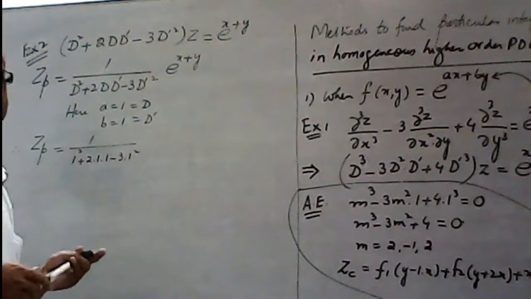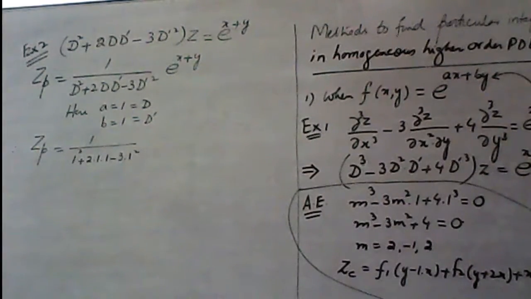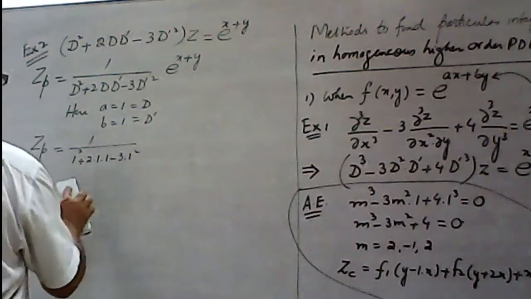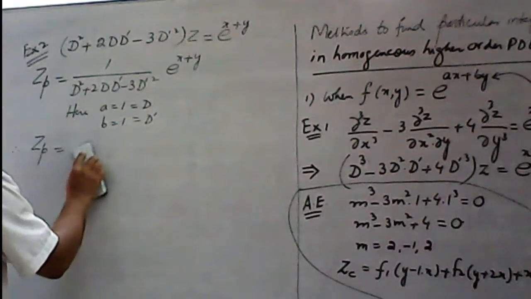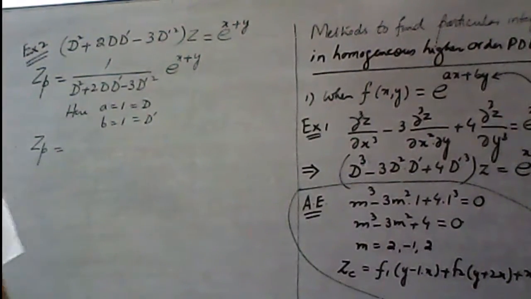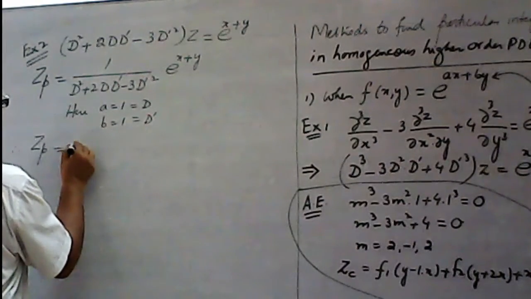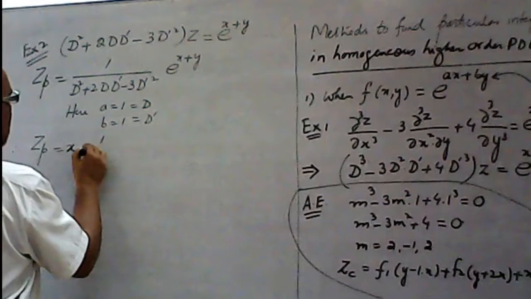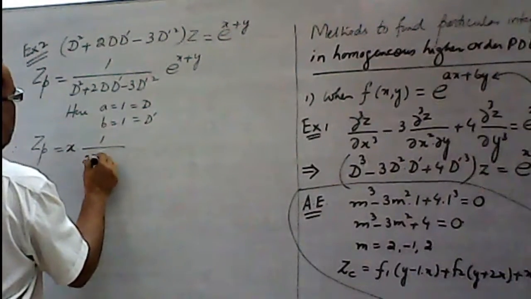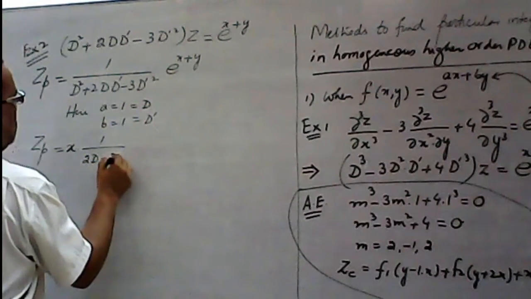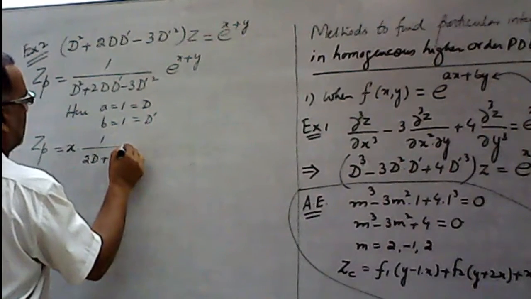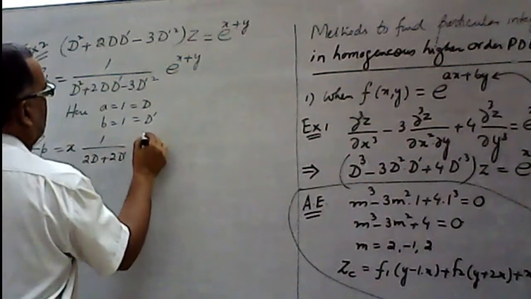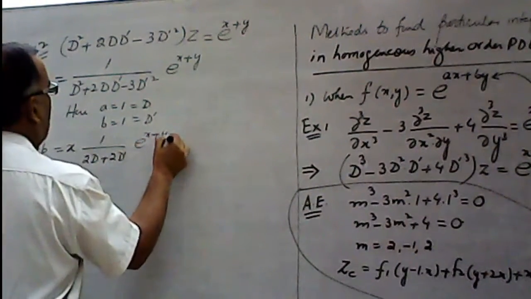Since the denominator is 0, if you remember what we did in higher order ODE, we said we need to differentiate it by writing x and then 1 upon 2d plus 2d dash, e power x plus y.